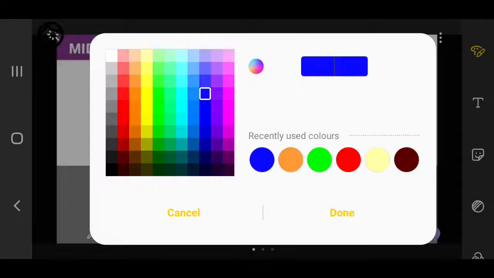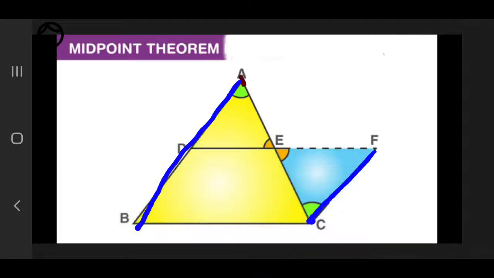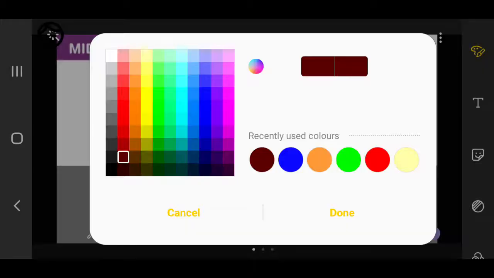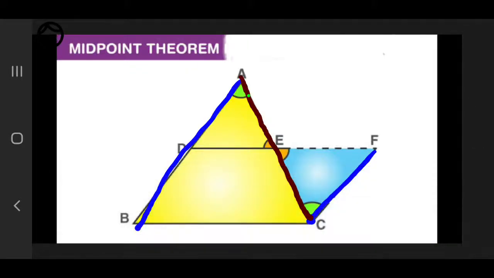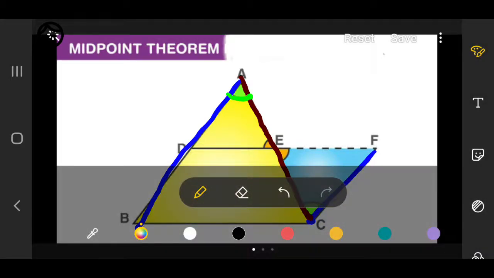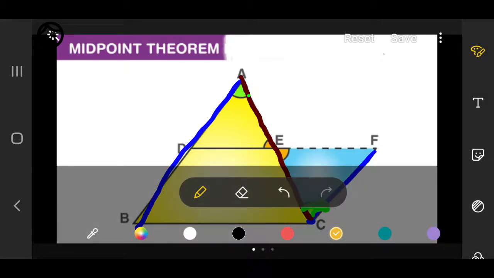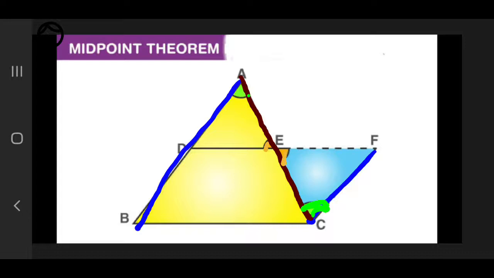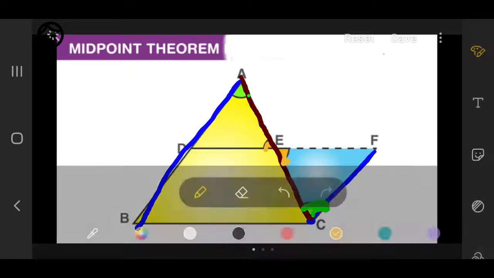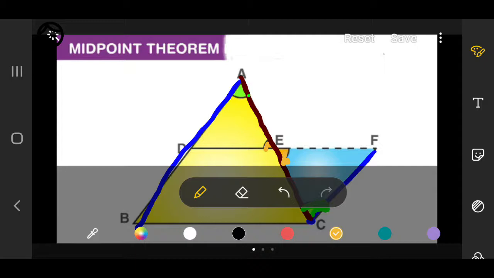Here we can consider these two angles. What type of angles are they? Alternate interior angles, and alternate interior angles are equal. These two vertically opposite angles are also equal, so we have two pairs of angles equal.